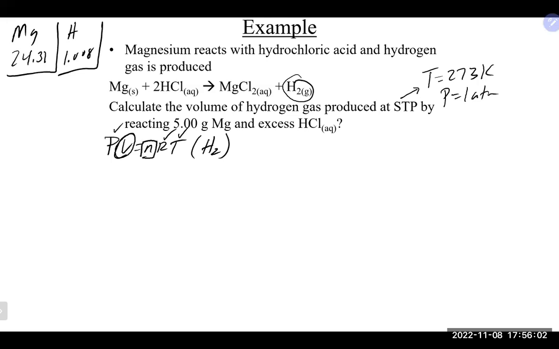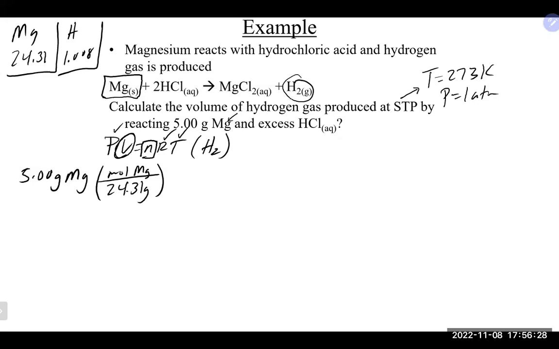So we are going to use stoichiometry here to get to the moles. And we would do that using the magnesium. So we'll start with converting the magnesium here into moles using the molar mass from the periodic table, 24.31 grams per mole. We really don't want magnesium. We do want to get to hydrogen, so we can do the mole-to-mole relationship next.